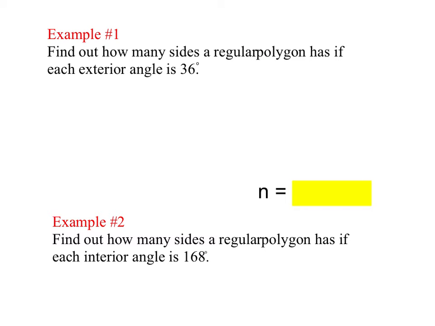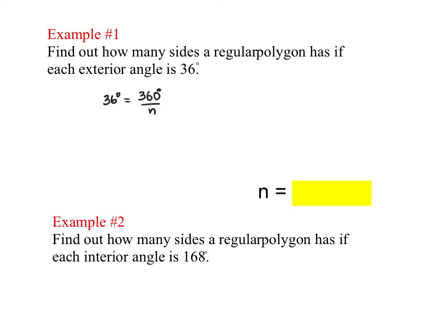All right, number 1, find out how many sides a regular polygon has if each exterior angle is 36. So a single exterior angle measure is 36 degrees. Now we know we can find a single exterior angle measure by taking 360 divided by n, provided that it's regular or equiangular.